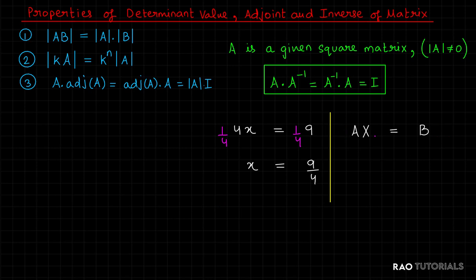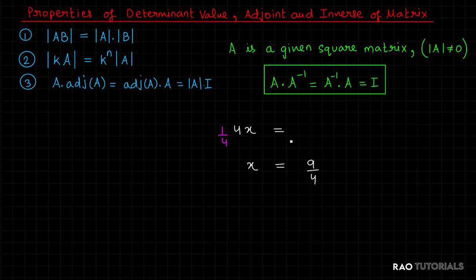In this case, if we post-multiply A inverse on both sides, we get nothing because there is this x in between A and A inverse. So we pre-multiply. Now A and A inverse results in identity, and identity into x is x. So we have x equals A inverse B.